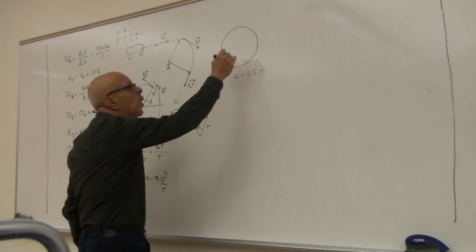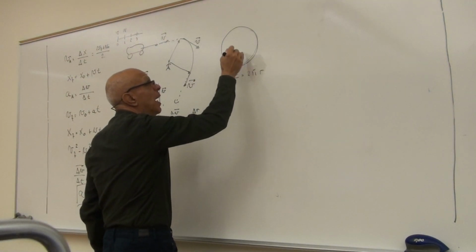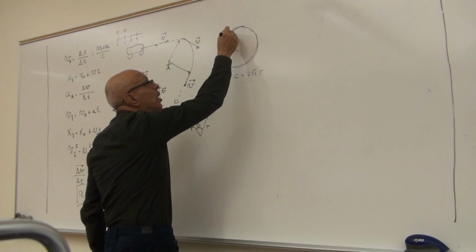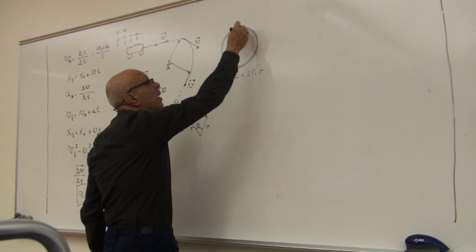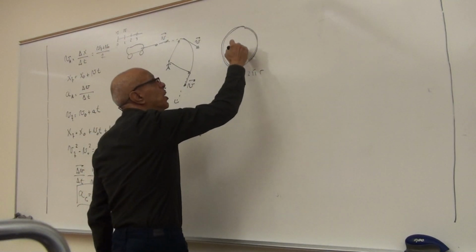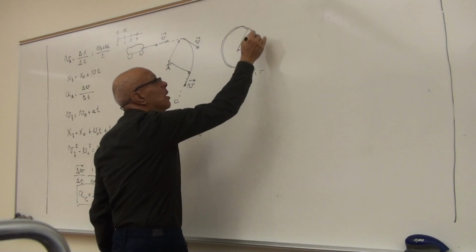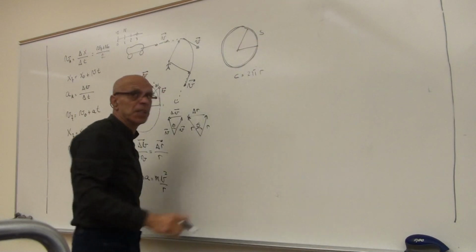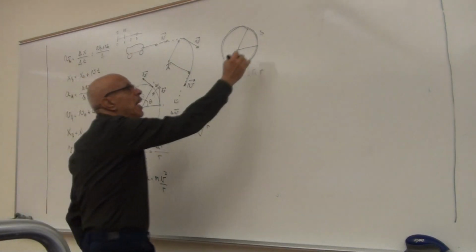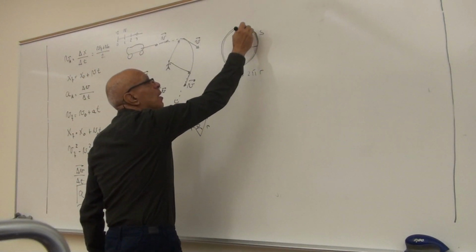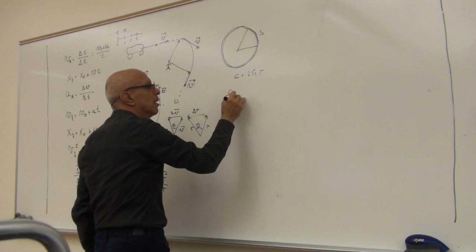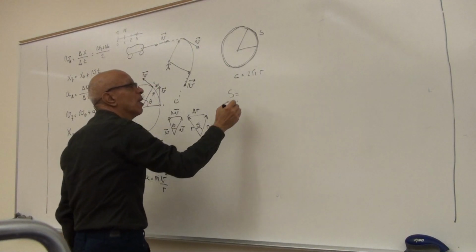Okay, so 2 pi is the whole circle, from here all the way to here, right? Now, if I just go some distance, so this is the length from here to here, S is going to be equal to what?